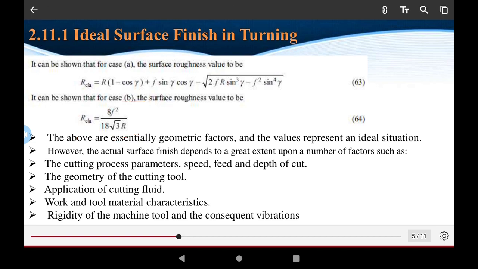This is the standard formula for the rough surface of the cylindrical workpiece.